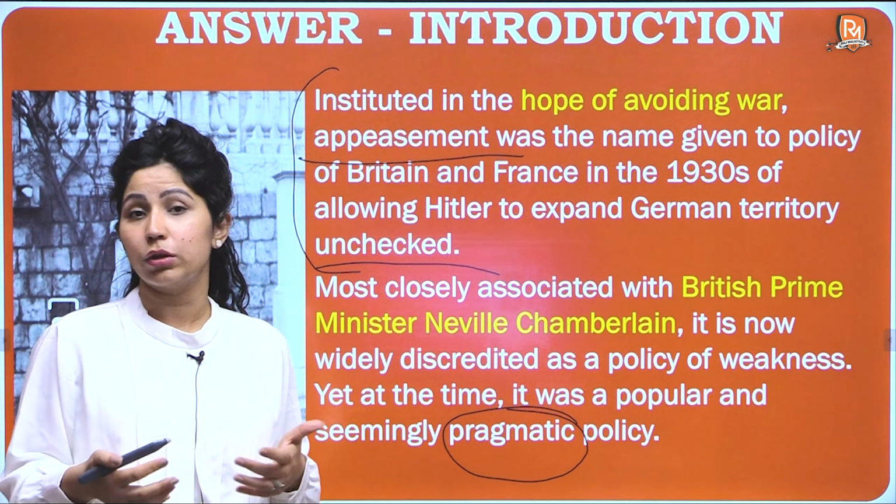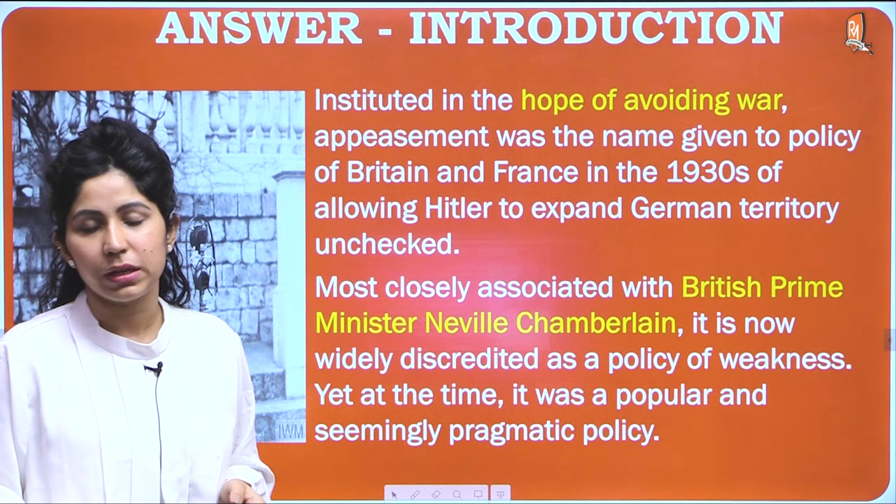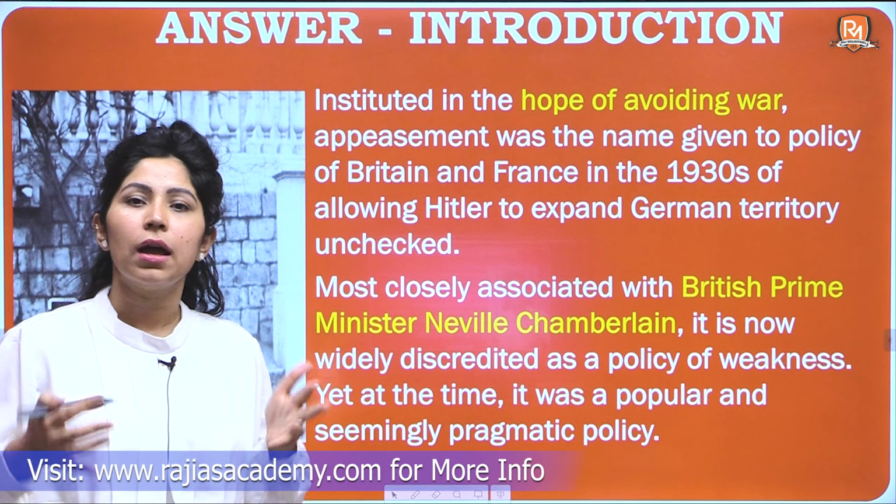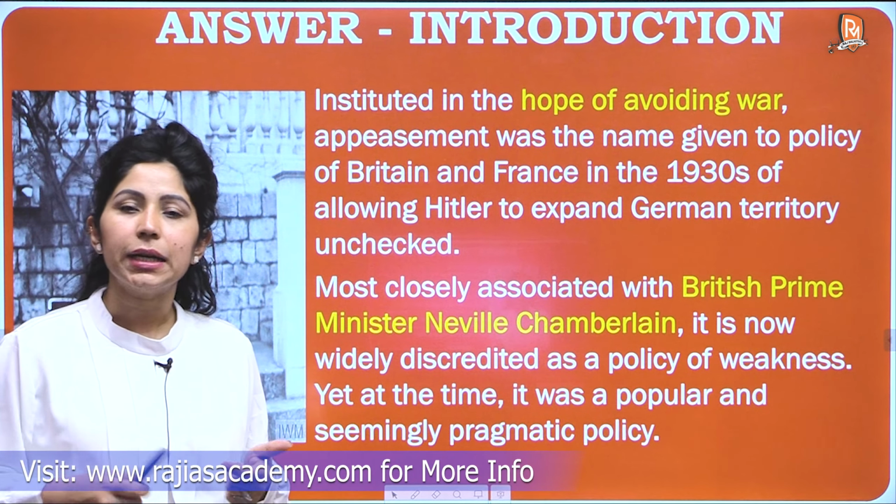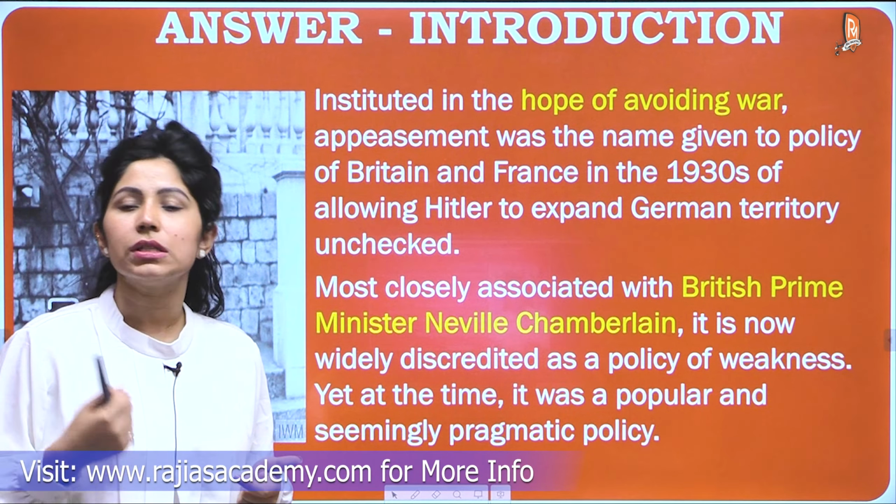Now moving on to briefly discussing the reasons for the policy of appeasement. Why was the policy of appeasement being carried out so widely and why did people even support it? Here are a few reasons. You don't have to write full sentences because, as you can see, this is just a 150 words answer.